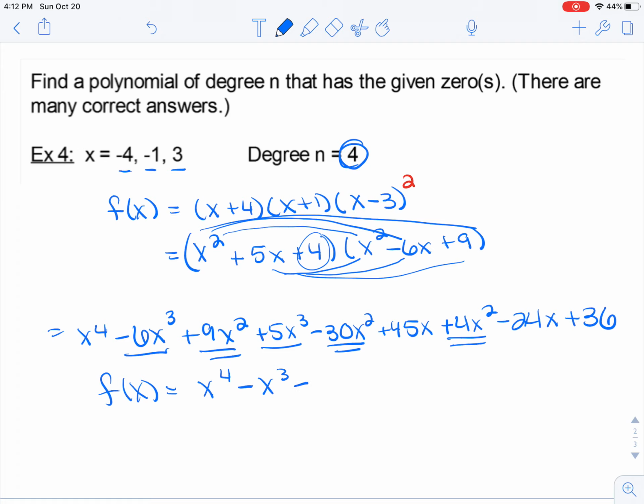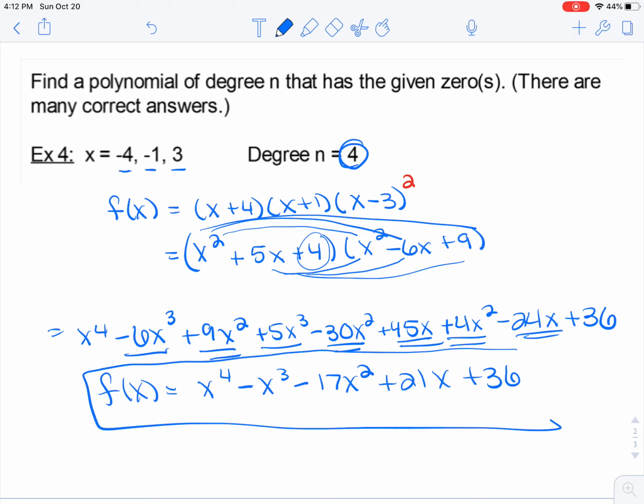So here I should get negative 17x squared. The x terms are 45 minus 24, so that'd be plus 21x. And then the last part would be plus 36. And that would be your final answer.